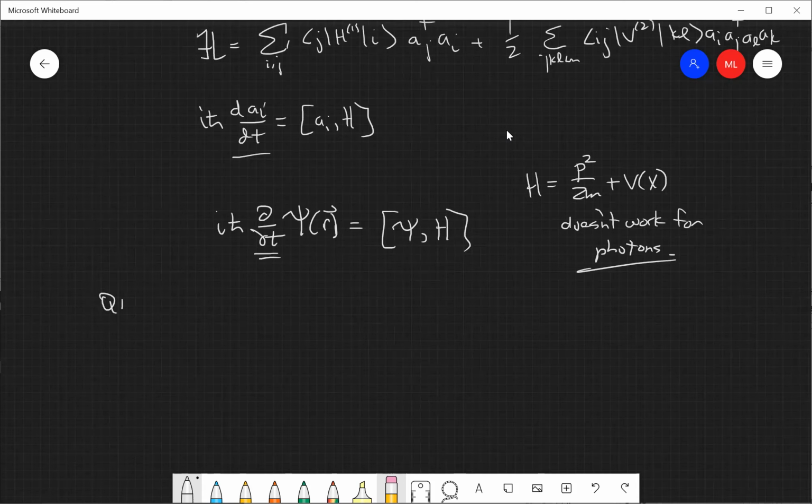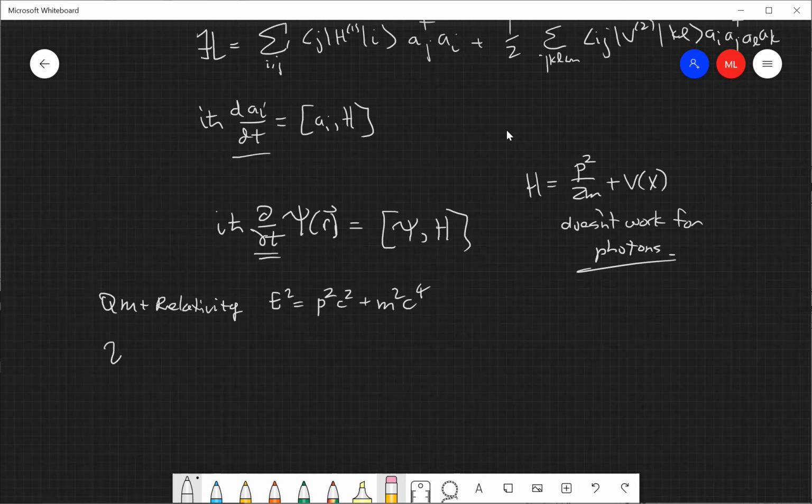When you have QM and you add relativity, in particular the proper energy momentum relationship, E squared equals p squared c squared plus m squared c to the fourth, the entire single particle picture of quantum mechanics breaks down, because there's a kind of funny way to see it.